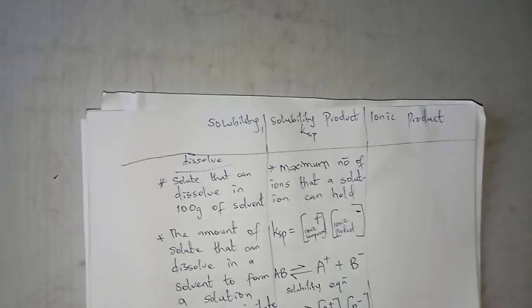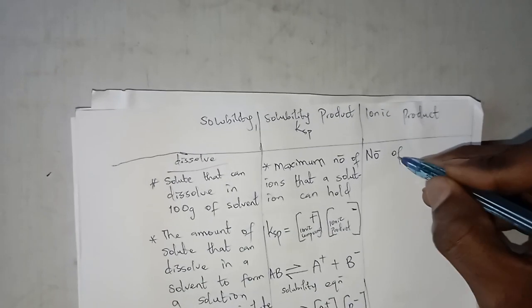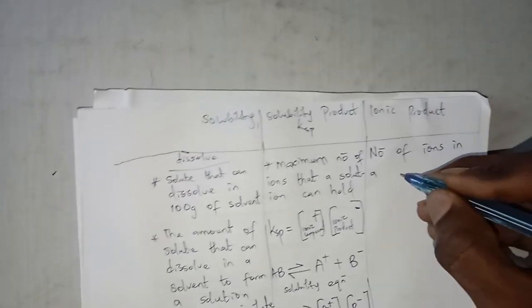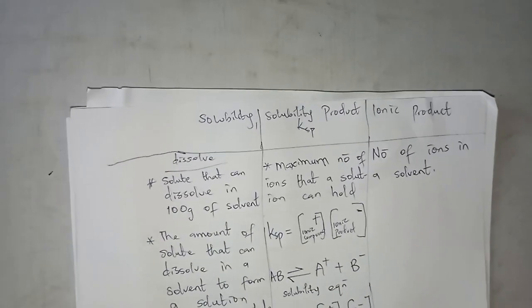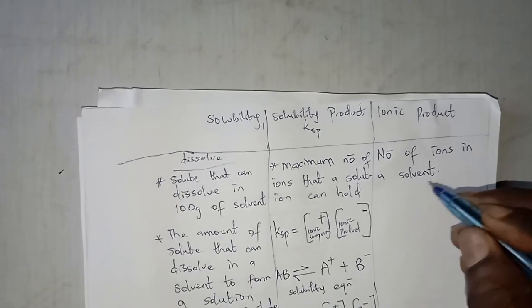So for ionic product, we simply say that ionic product is the number of ions in a solvent.